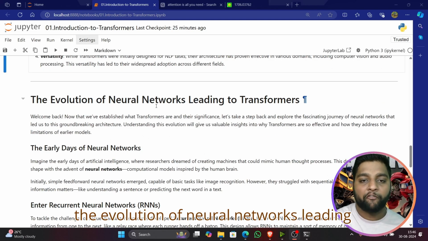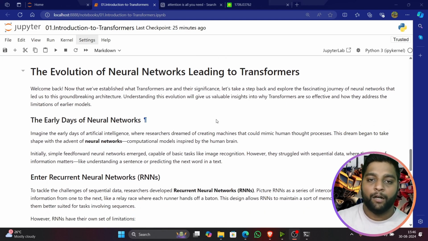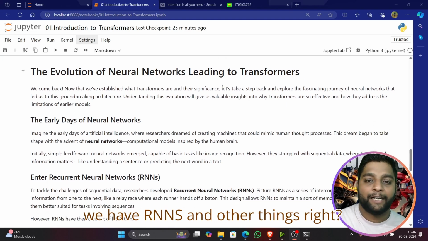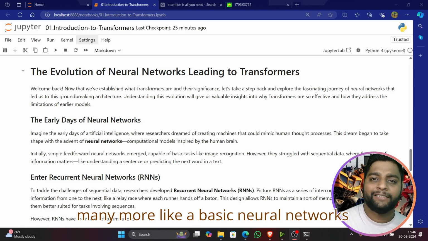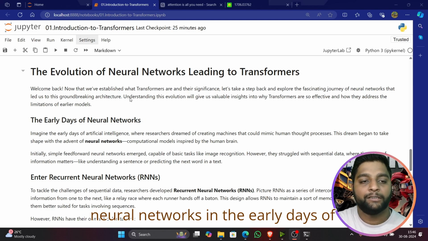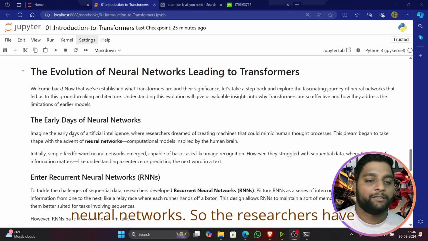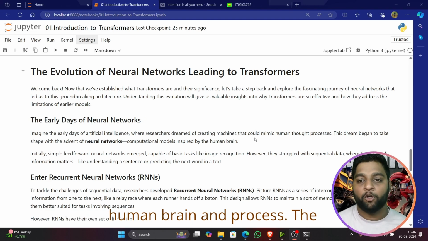The evolution of neural networks leading to transformers. Previously we had RNNs and other things, right? Before that there were also neural networks, like ANNs, CNNs and many more, basic neural networks, simple feed forward neural networks in the early days. The researchers had dreamed of creating machines that mimic the human brain and its processes.